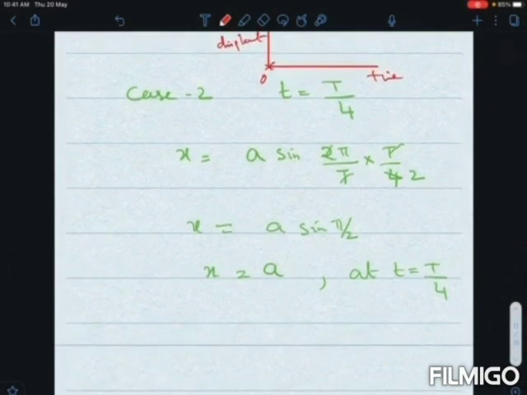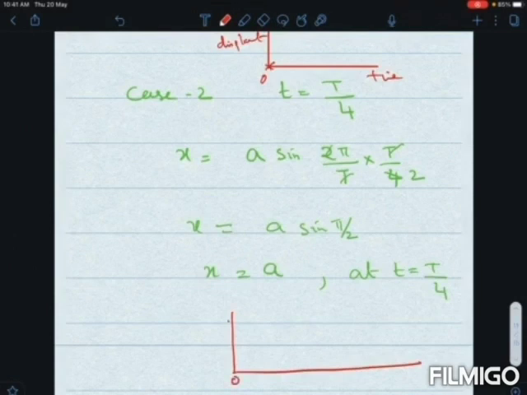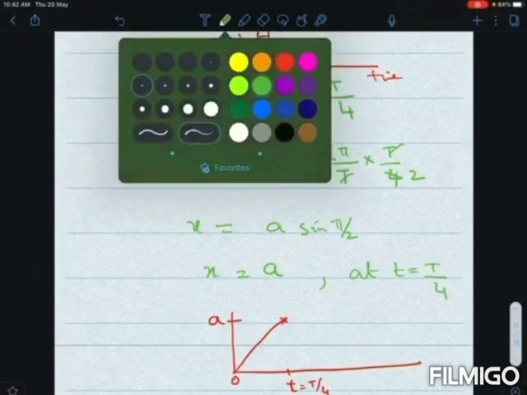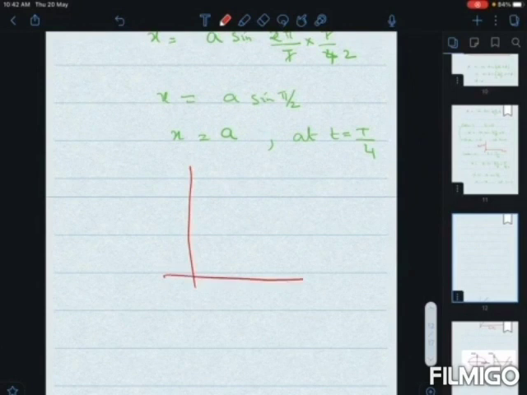In the case of t equal to T by 4, the maximum displacement is A. So at t is equal to T by 4, it will be maximum. So the particle will be here. So the particle goes this way. Now let's look at another point. When it is T by 2, T by 4 is over, so the next possibility is, now we have displacement here, A.